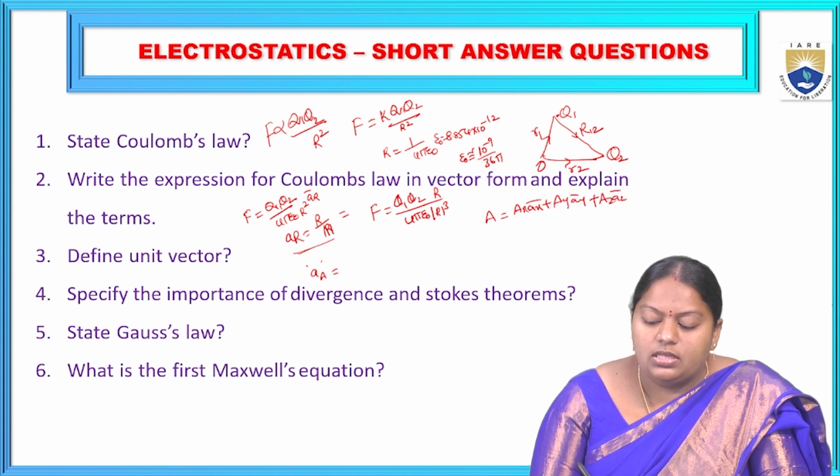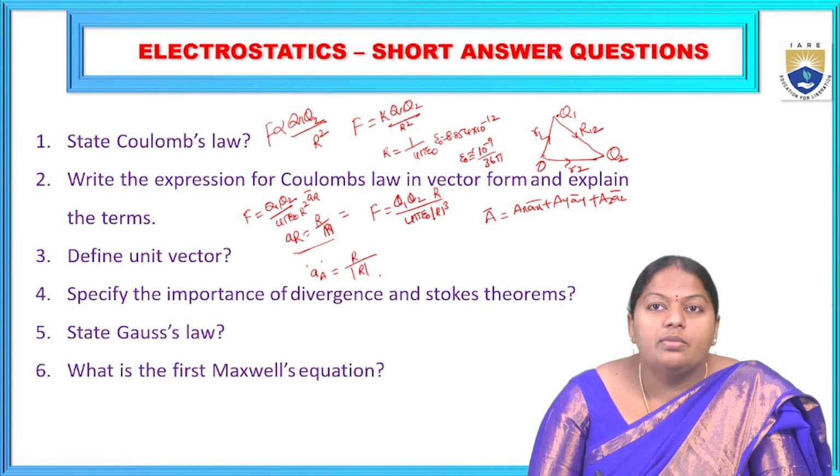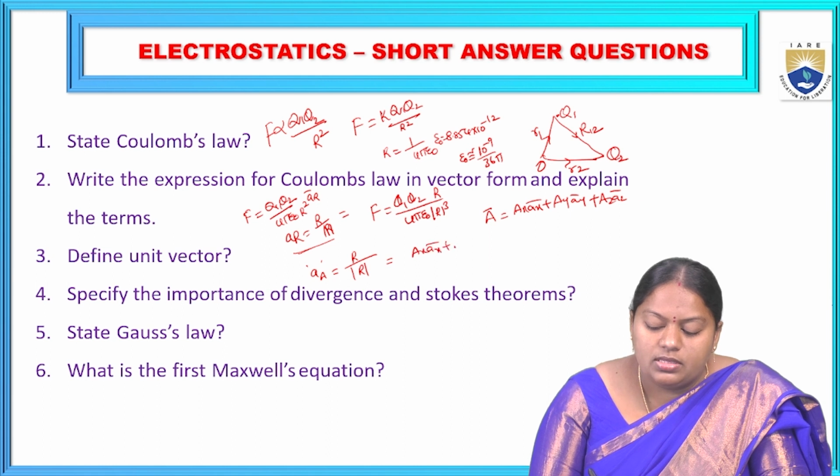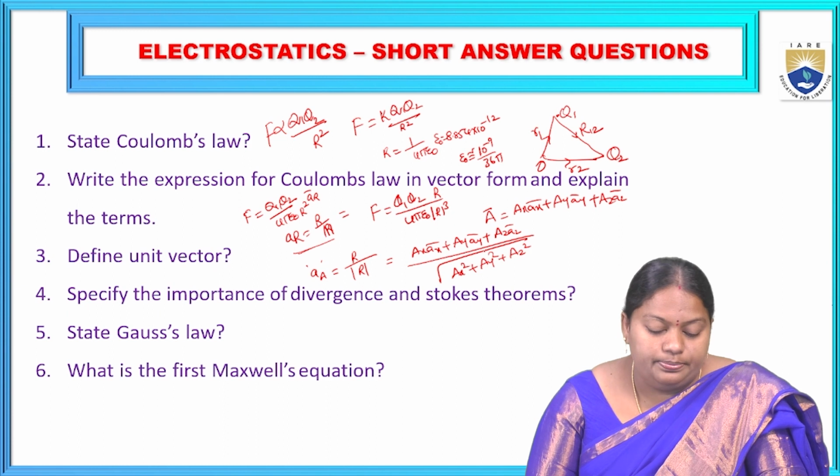Then the unit vector can be defined as the ratio of the vector to its magnitude, given by A by modulus of A, which is equal to AX plus AY plus AZ by root over AX square plus AY square plus AZ square. This is the definition of the unit vector.